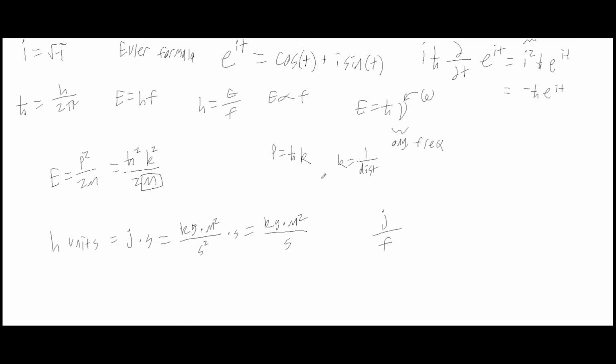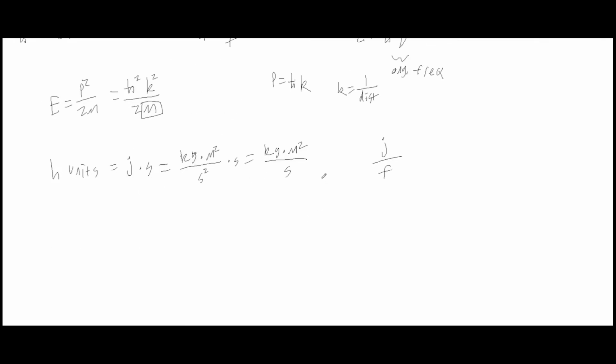That's our h there. And we can see that this works because what this would be is our kilogram meter squared over second squared, divided by 1 over seconds. And if you remember your elementary algebra, if we divide by something that's already a division, that is the same as kilogram meters squared over second squared times seconds.